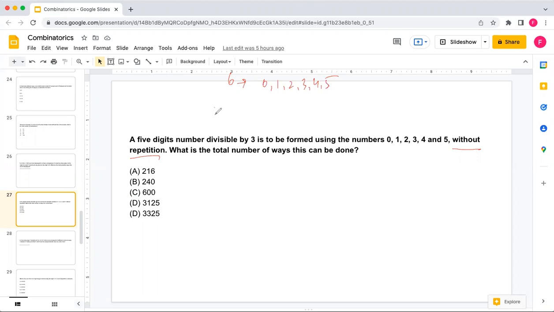Okay, let's see the cases. First case. We have a 5-digit number. So what 5 digits can we choose so that the number is divisible by 3? Let's see in how many ways we can do that. Can I do it this way, 0, 1, 2, 3, 5?